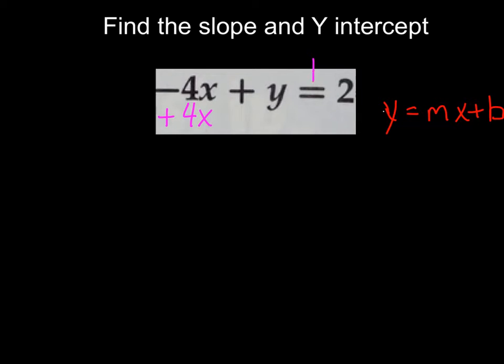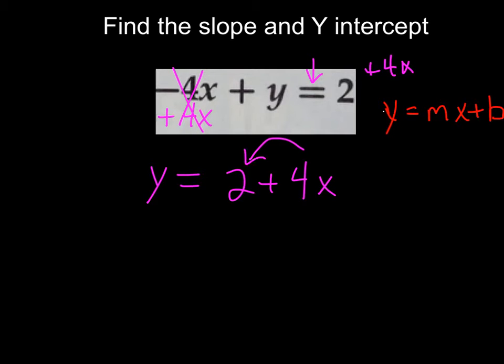Now, in order to keep it equal, I'd have to add a positive 4x to this side. So that'll cancel that side out. That leaves me with y equals 2 plus 4x. Okay, now I also know when I add, I can flip-flop the order of my adding and it doesn't change anything.